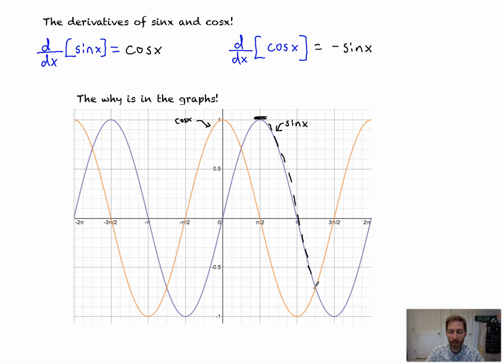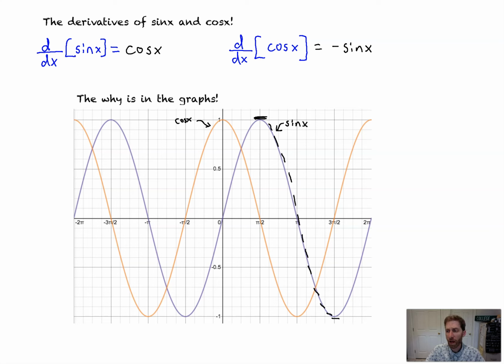And then the slopes get less negative on sine. And if you take a look at this, the y values get more and more negative until we get to pi. And they're still negative, but then they get less negative here. So again, the derivative of sine is cosine because the y values on cosine correspond with the slope values on sine. The same reasoning happens between cosine and the opposite of sine.